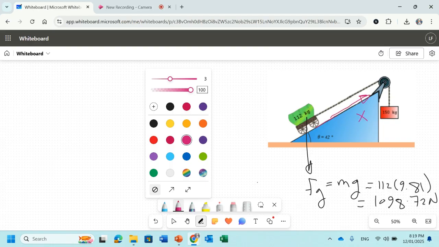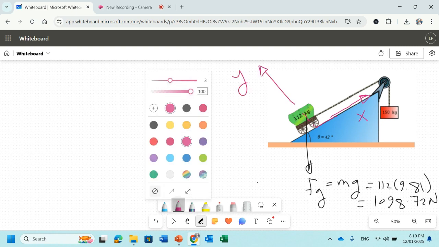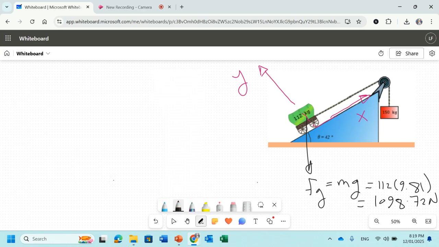Perpendicular to this one is the y-axis. In the y-axis, perpendicular to the plane, we have the normal force Fn, which is perpendicular to the surface. And the other force here is the tension, Ft.